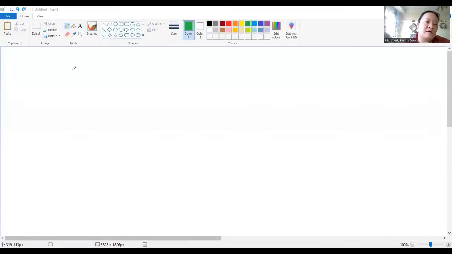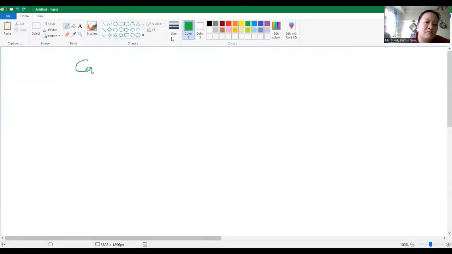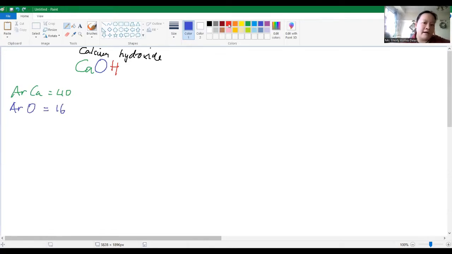This is another example. For example, we have calcium hydroxide. This is the name, right? If you have learned it in naming compounds, calcium is the metal, and this OH is hydroxide. So we should look at the periodic table first. The Ar of Ca is 40, the Ar of O, oxygen, is 16, and the Ar of H is 1.